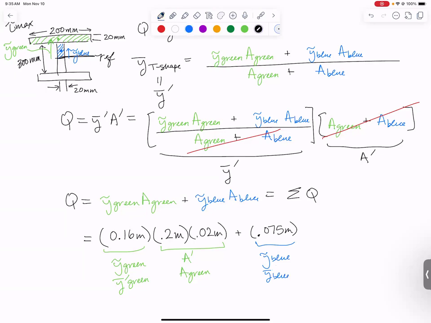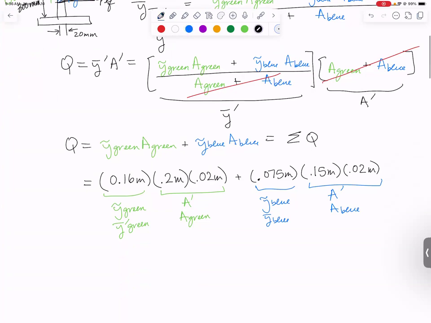Then we multiply it by the area of the blue shape, which is 0.15 meters tall and 0.02 meters wide. So there is A prime, the area of the blue rectangle. We multiply that all out and we get Q max, or Q at the centroid. And it happens to be equal to 0.865 times 10 to the minus third meters cubed.